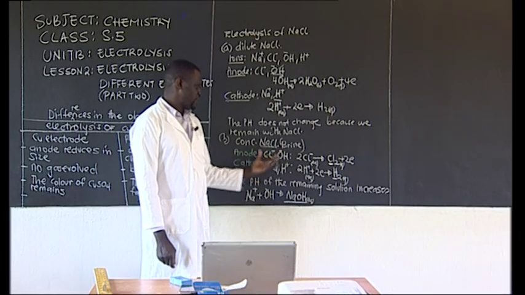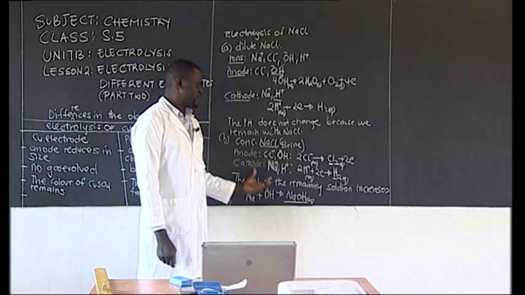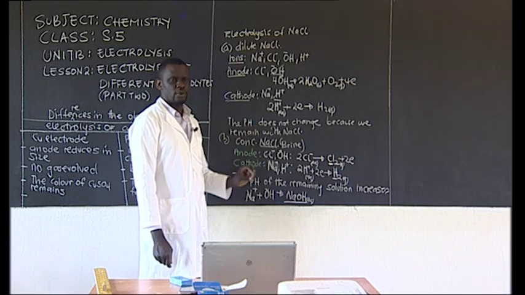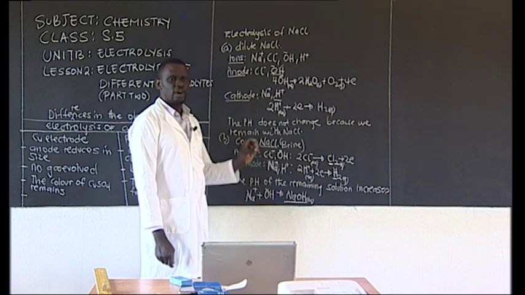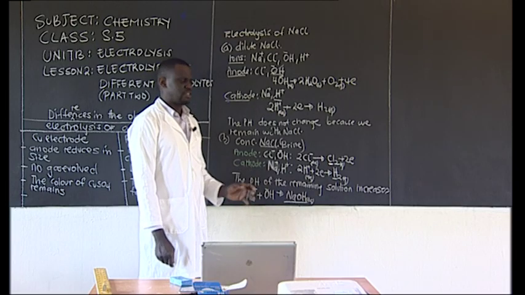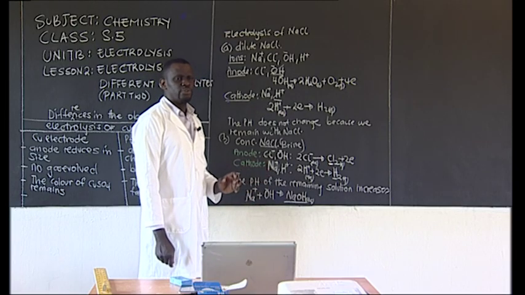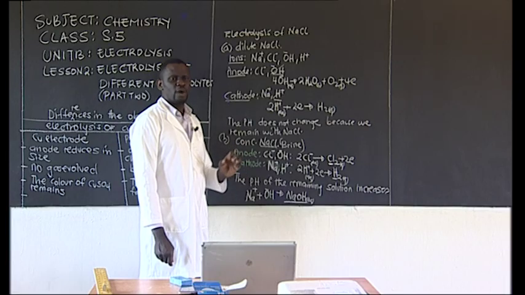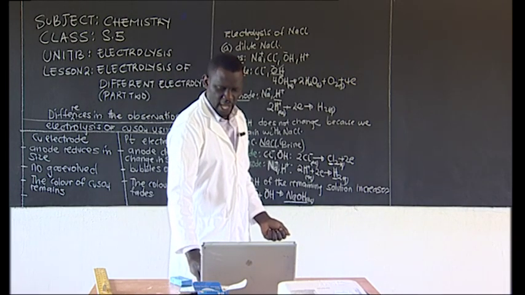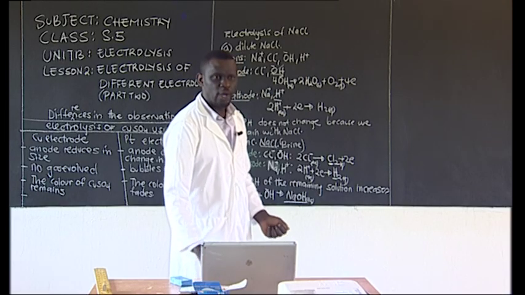So this electrolysis is very important in 3 ways. Production of chlorine gas, production of hydrogen gas, and even what remains is very important. So we can also use it in production of sodium hydroxide.